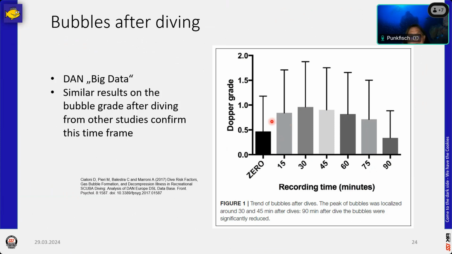And now this means that if in this moment, half an hour after the dive, when you already have bubbles, you decrease the pressure a little bit more, for sure the bubbles that you have will grow a little bit. Normally, this is not a problem at all.